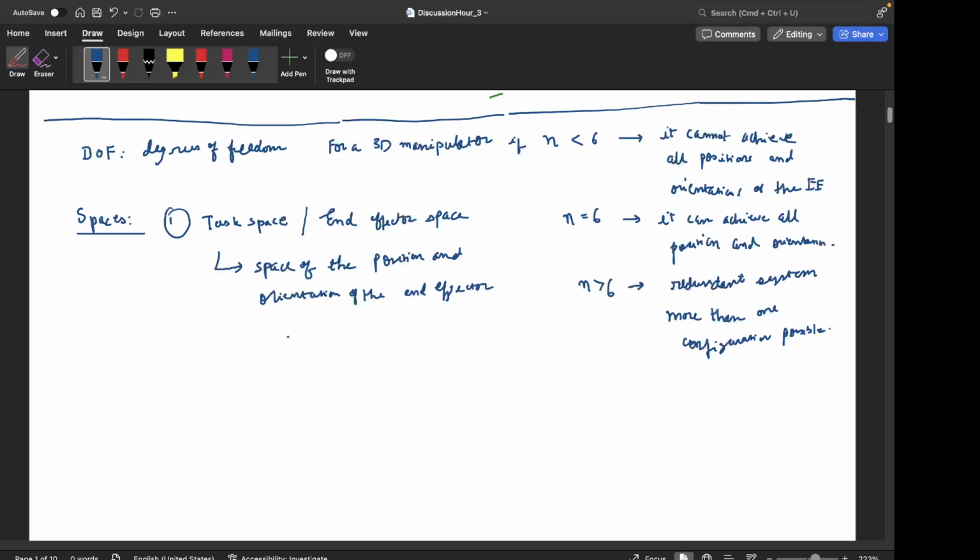In a general case, this x would include the x coordinate of the end effector, the y coordinate, the z coordinate, and similarly the orientation, let's say phi, theta, psi.